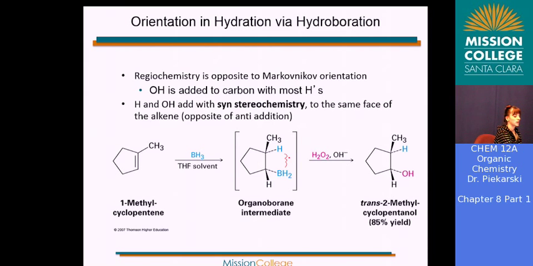So this is what they're talking about when they say syn stereochemistry, same side, syn. And then when the hydrogen peroxide and alkaline solution comes in, it replaces the BH2 with the OH. Okay? So this is definitely a stereospecific reaction. I think this one's a little bit more challenging than the previous one, but I'm going to show you the transition states to hopefully help you remember it.